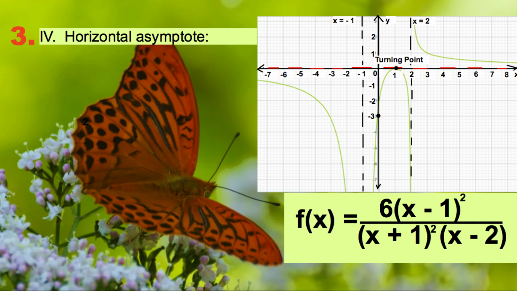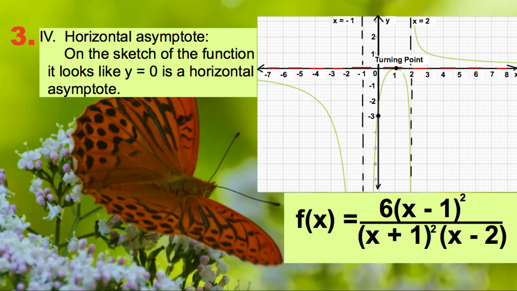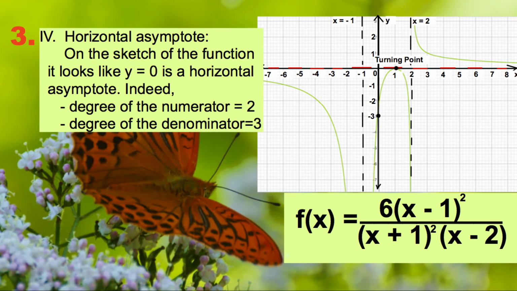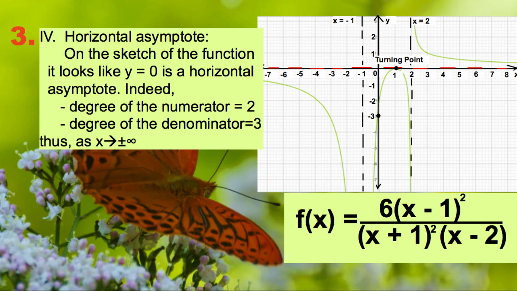Horizontal asymptote. On the sketch of the function, it looks like y equals 0 is a horizontal asymptote. Indeed, the degree of the numerator equals 2, the degree of the denominator equals 3. Thus, as x approaches plus or minus infinity, y approaches 0.